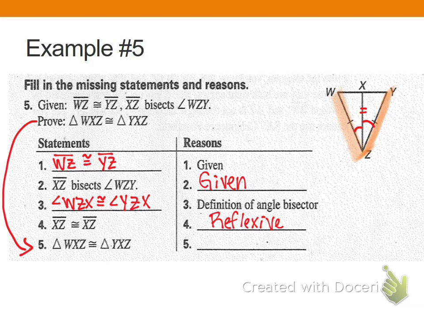Now, so far, we only know 3 different reasons why you could say 2 triangles are congruent. One of them we talked about yesterday, where we knew all the sides and all the angles. Do we know that today? Do you know all your sides and all your angles? No, so that's out. We can't use that. What are the 2 new ways we learned today? If you're not sure, I'd look for the big boxes in your notes.